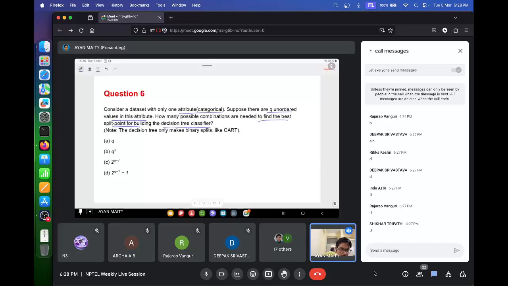Ritika Kesri, Deepak Srivastav, Indu Rajarao, Shikhar Tripathi are saying option D, which is 2 to the power q minus 1, minus 1.